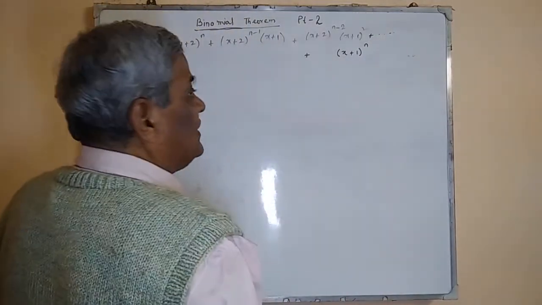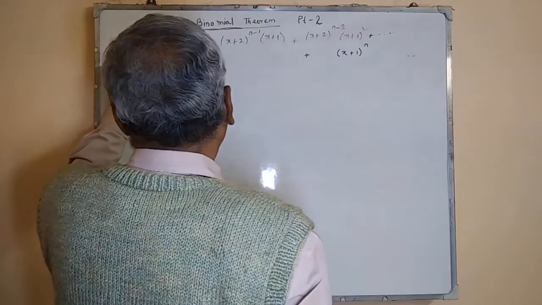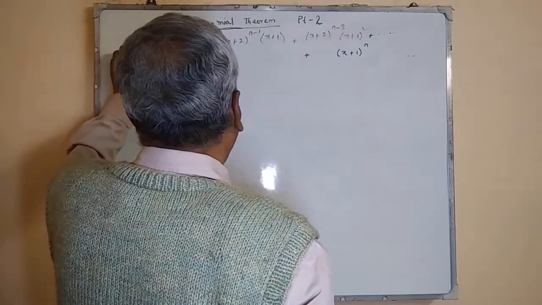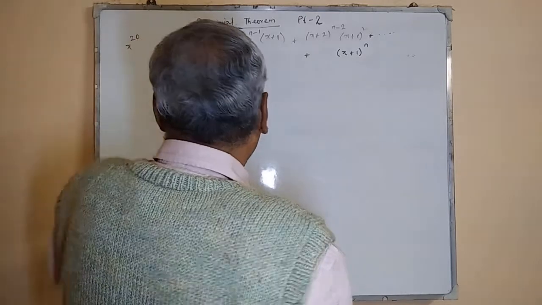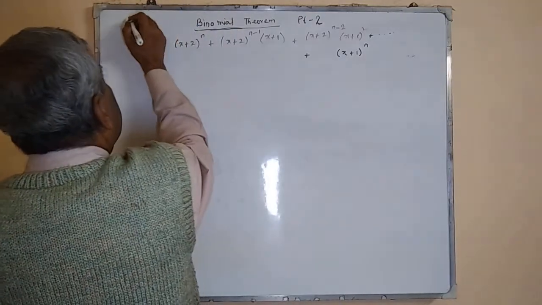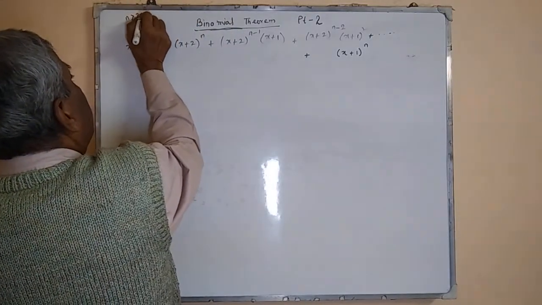So in that series we have to find the coefficient of x to the power 20. And one more thing given, that n is greater than 20.